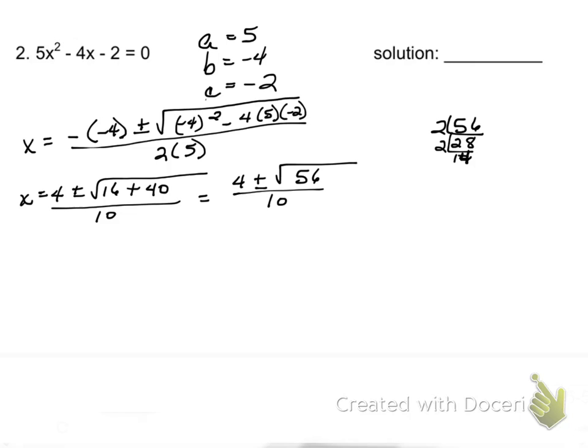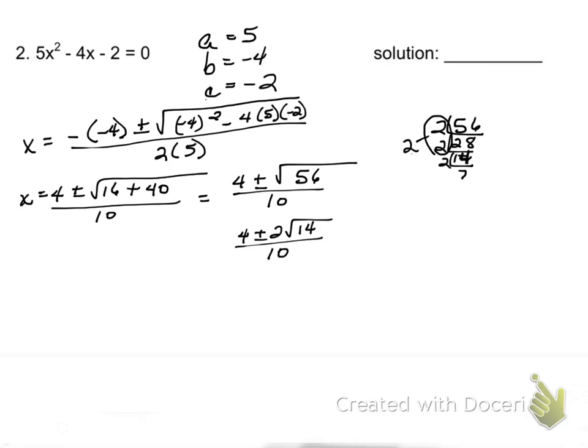And 14 is 2 times 7, and we can't square root that. So we have this group of 2, the square root of that group is 2. So this comes out in front of our radical. So we have 4 plus or minus 2 times the square root of 14. The 2 times 7 stays underneath, all over 10.